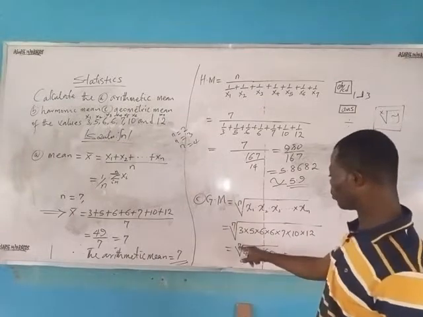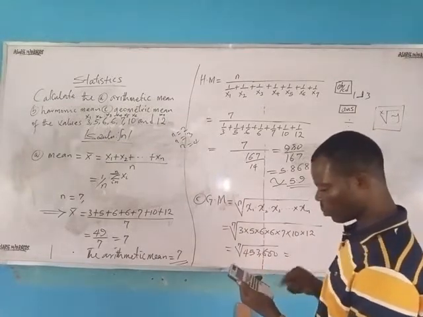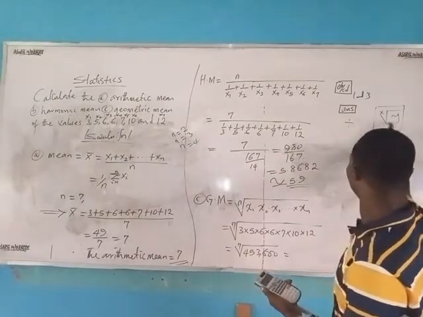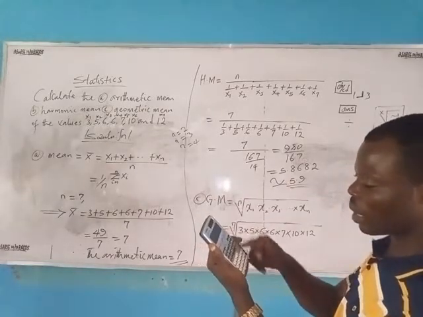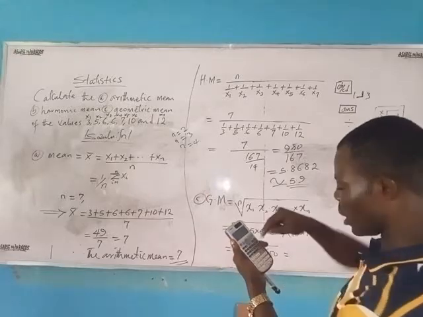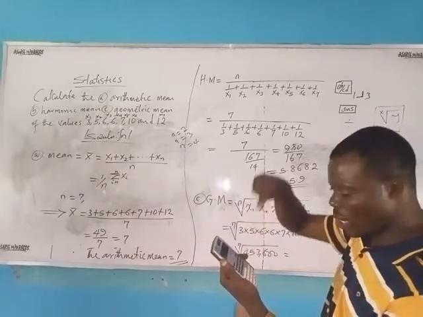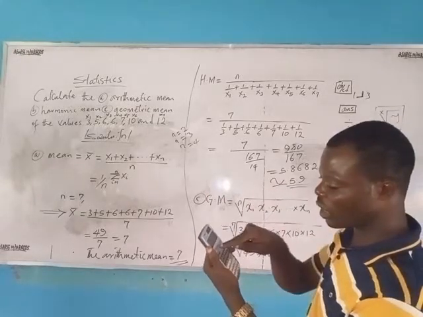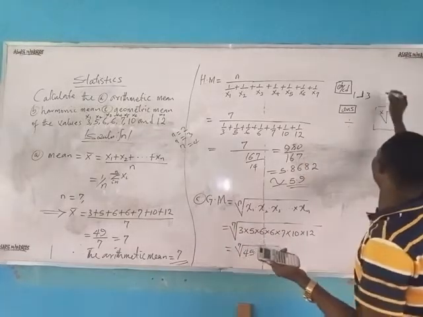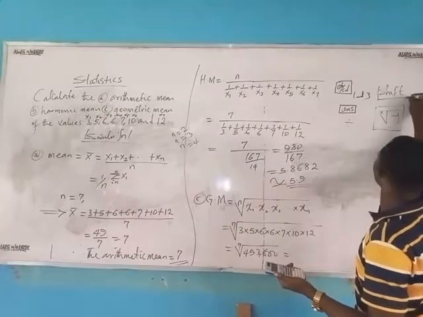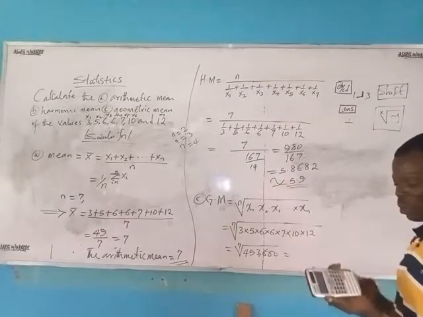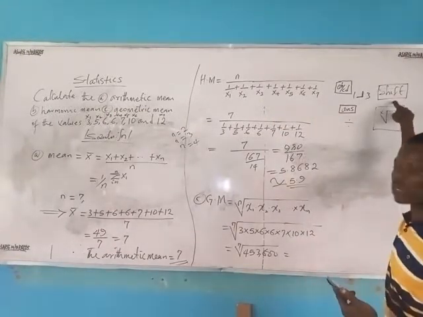So the first thing you press is 7. If it's not written on the keyboard, then it is inside. To enter the inside, you press shift from your calculator. There's a key written shift.